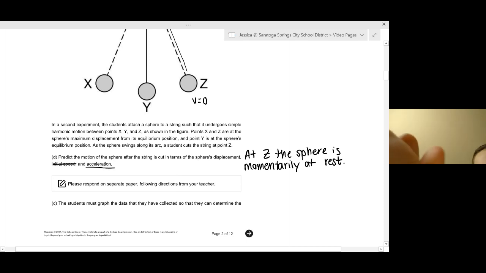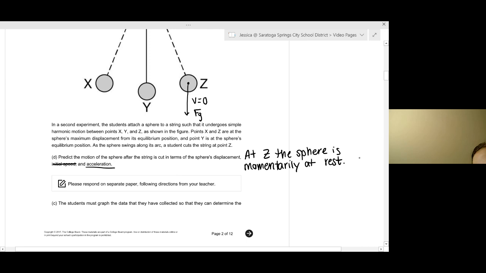Let's talk about when the string is there. I have Fg and I have a force of tension. If the string is cut, then the force of tension goes away, and the only force acting on the object is the force of gravity, which means the force of gravity is the net force, so our acceleration is going to be the acceleration due to gravity.